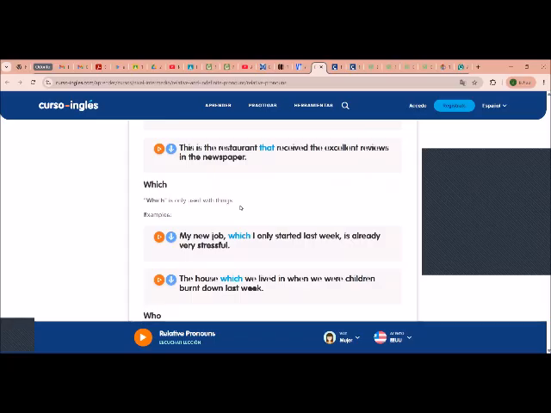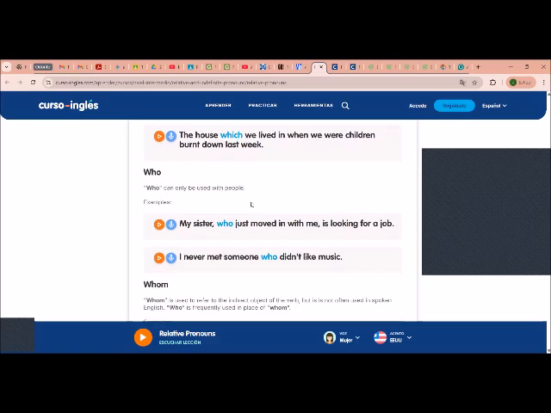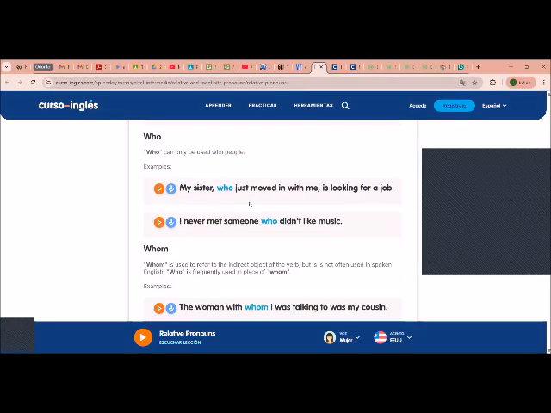This is only used for things. Then we also saw who, or sometimes we'll see whom. Who and whom are used for people. Who is the one you'll see more. Whom is more for object pronouns, and it's definitely something you use when you write. But most of the time when we speak, we only use who, and we replace whom with who when we're speaking as well.